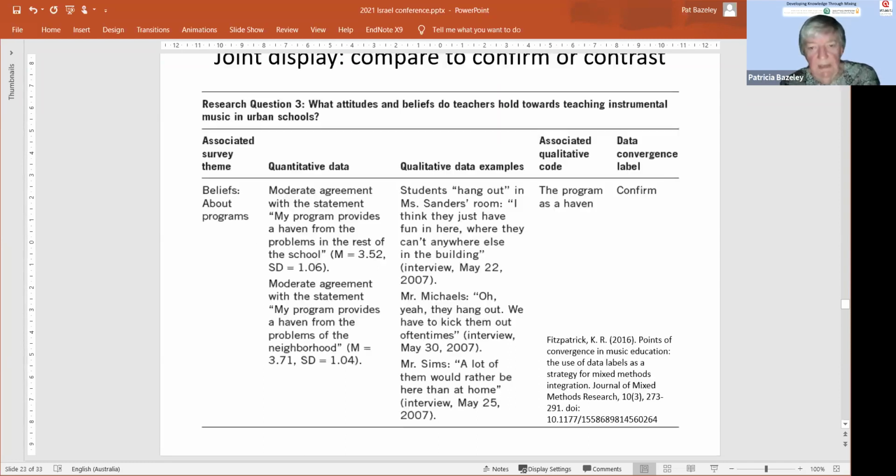And you may end up with, this would be one line from it, where you've got what you found from the quantitative data juxtaposed with what you found from qualitative data or some other kind of data. The author clearly has used the classic qual-quant division terms here. And so this author, Fitzpatrick, has then determined whether the results confirm each other or in fact contrast.